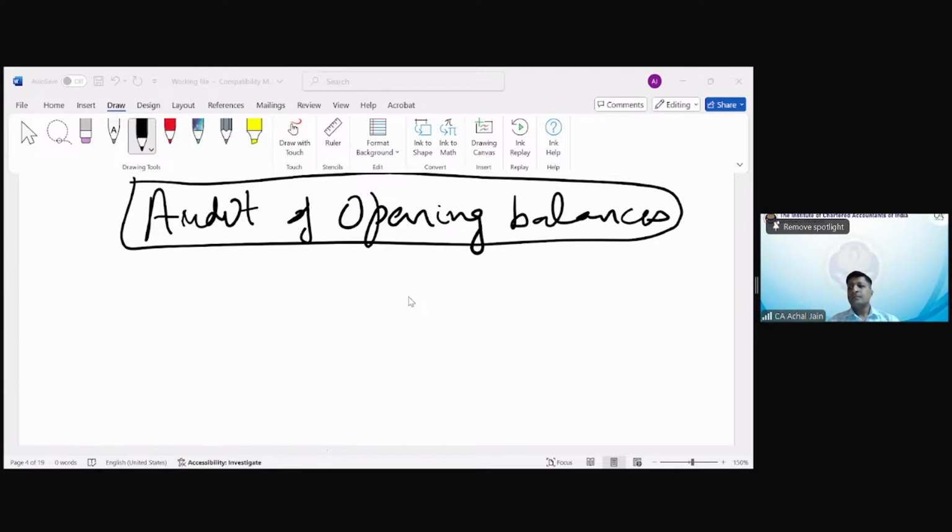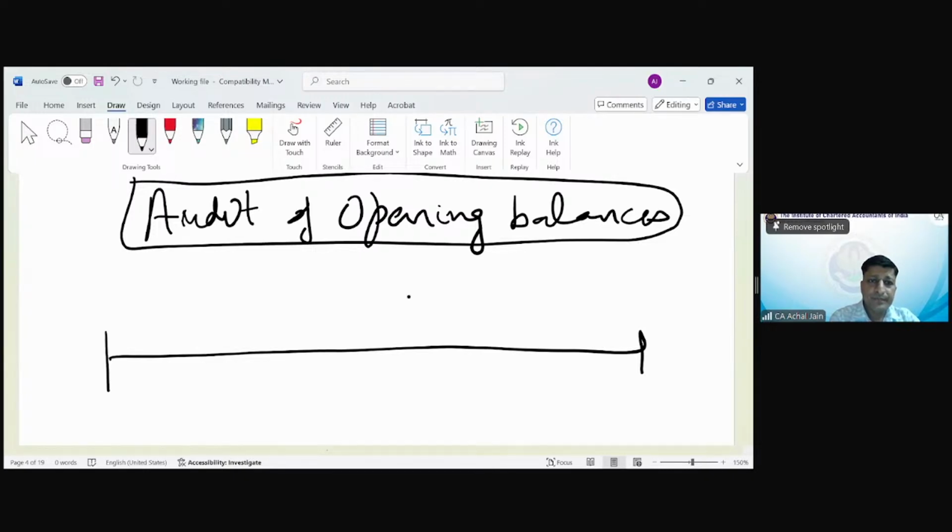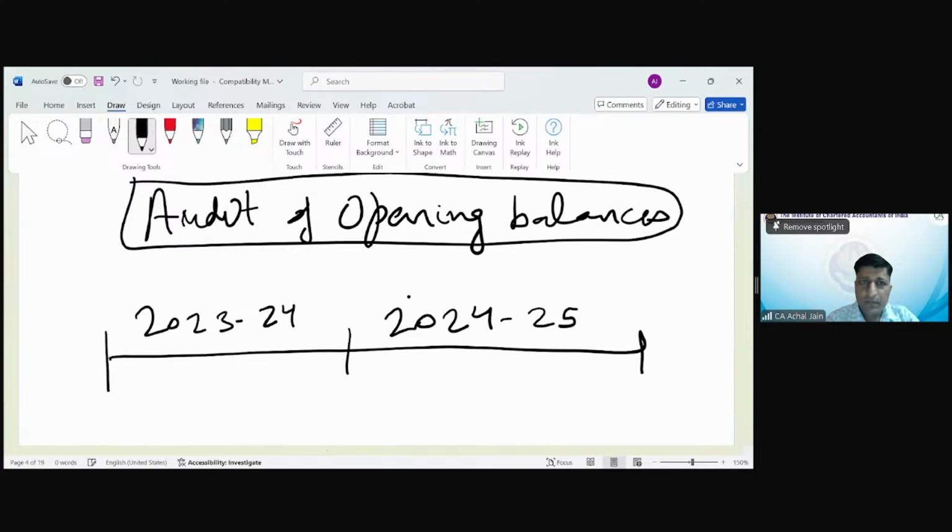When we are replacing the previous auditor, then we need to communicate with them and understand if there is anything before. This is one of the audit requirements as well. As per the First Schedule, Class 8 talks about we need to get the confirmation from the previous auditor also.